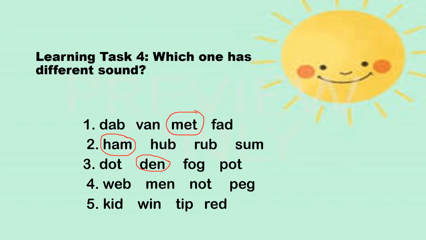The different one is den. Number 4, web, man, knot, peg. The different one is knot. Okay, number 5, kid, win, tip, red. Different is red. Alright.